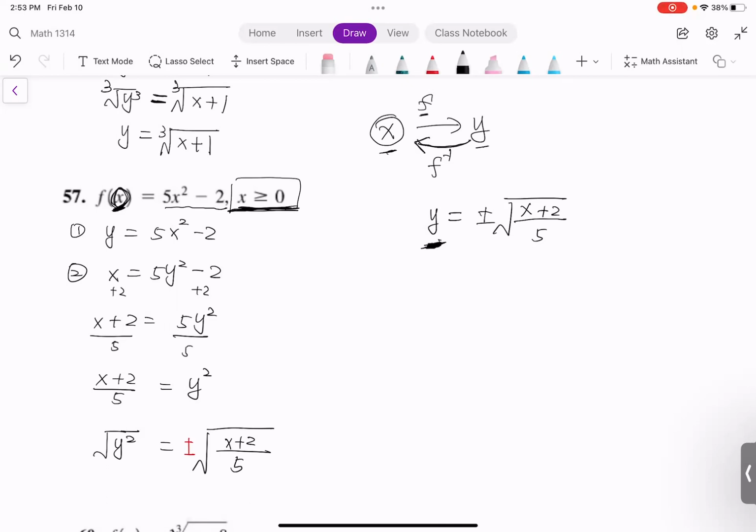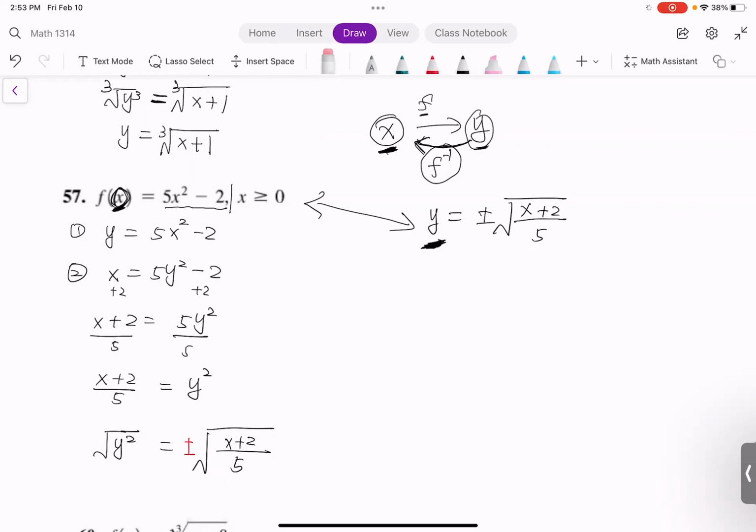And for the y part, from y to x, the range of the inverse function is the domain. That means this x and this y must have the same interval. Now from the x domain, x is greater than or equal to 0.